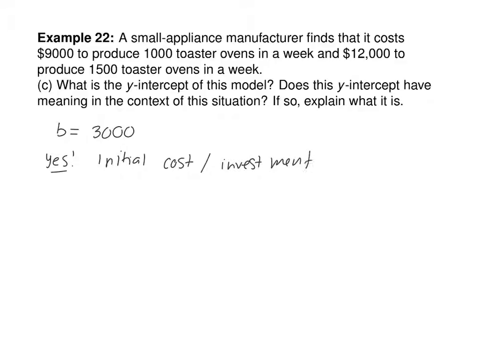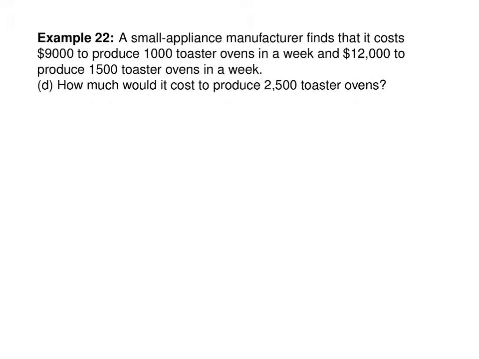If that y-intercept had come out to be negative, would it mean anything? Possibly, but probably not. It depends on the context. It could mean that you started off owing somebody money, perhaps. Maybe it's debt. So you could swing negative numbers to make sense. How much would it cost to produce 2,500 toaster ovens?